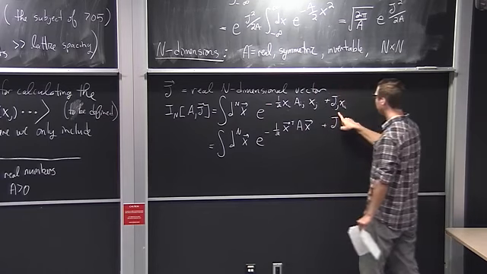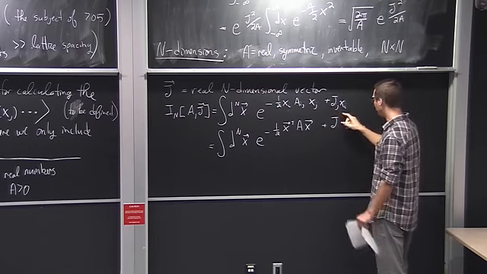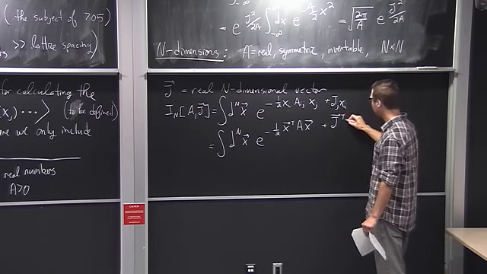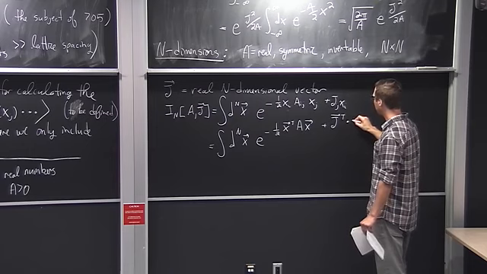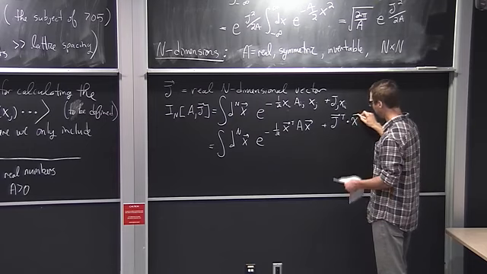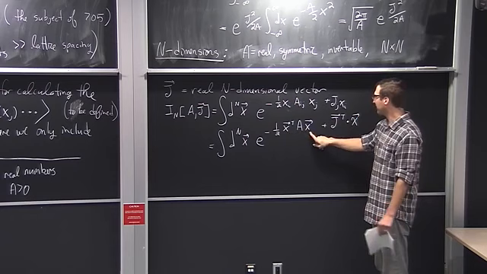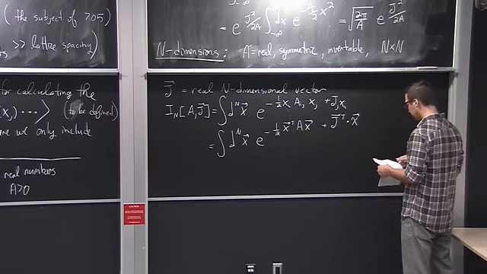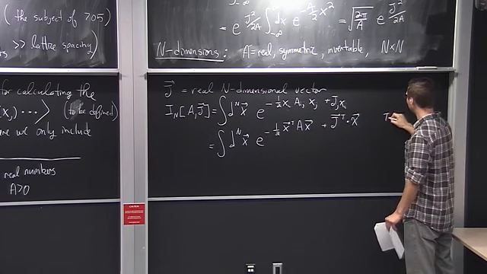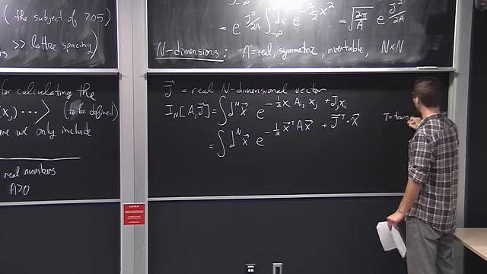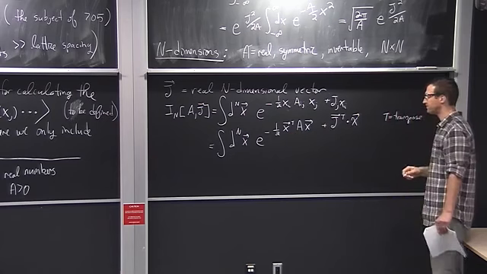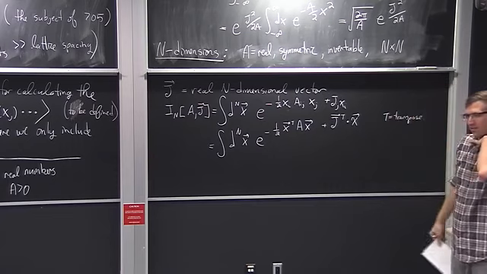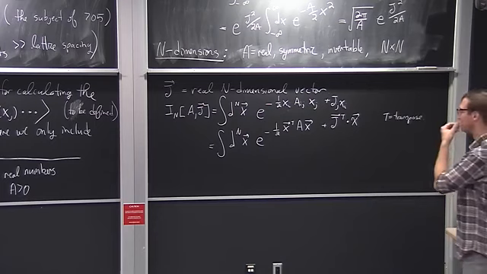And then this thing on the left, in this dot product, if you will, is just the transposed J. So I'll write that like J transpose dot x. So that's vector matrix vector. That's vector vector. So that's the integral. I'm defining that integral. That's the thing I want to solve.